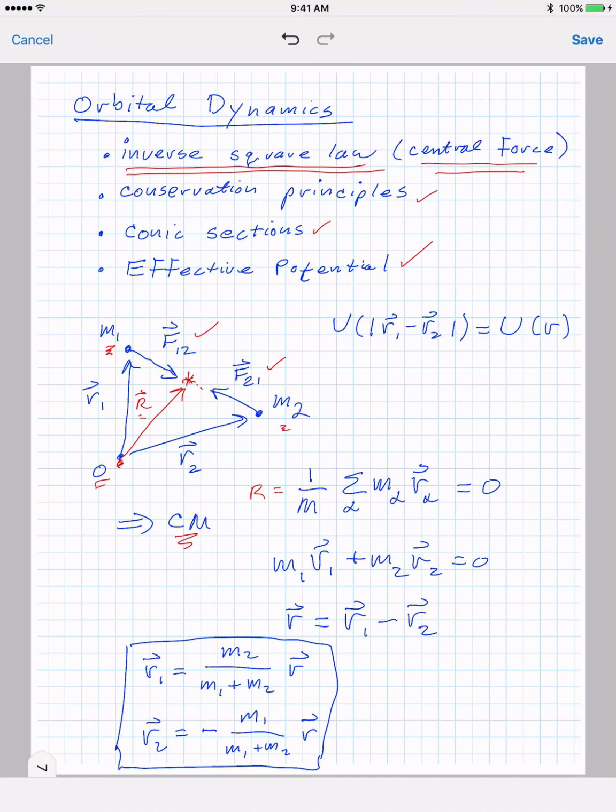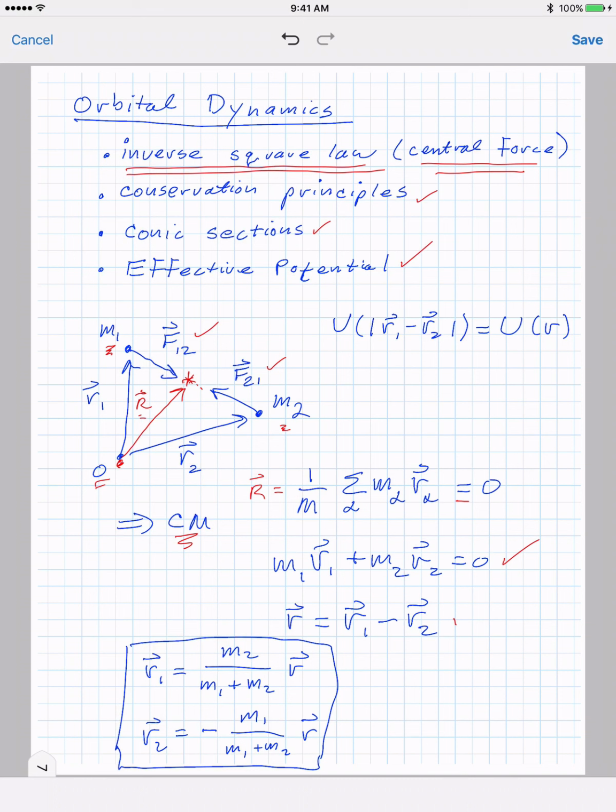And to make our lives really easy, once I've found that quantity, I'm going to set my position vector r so that it is at that center of mass. And so then we'll be describing all the dynamics relative to the center of mass origin. And so for the case of two bodies, this sum is really simple. It's just m1 times r1 plus m2 times r2 is equal to 0.